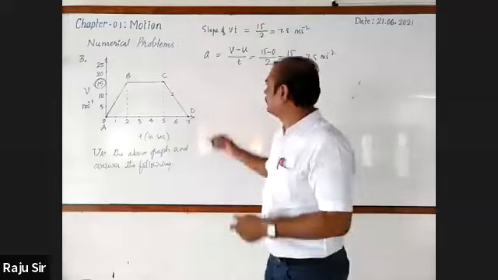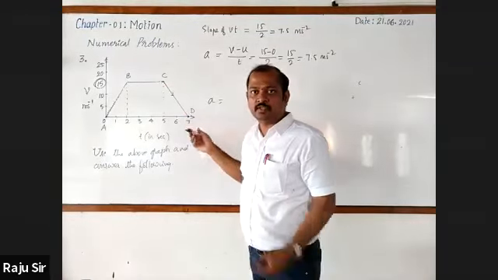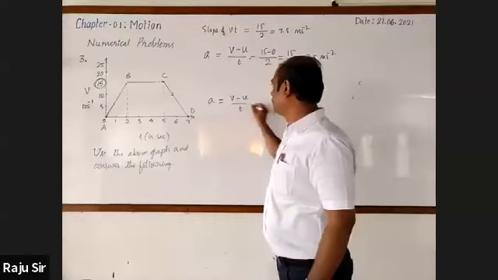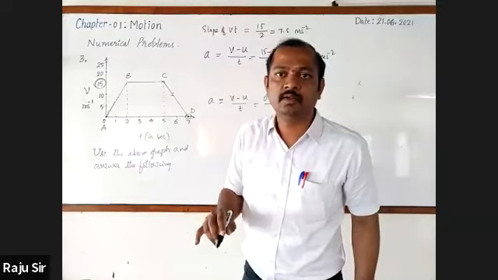Here I'll write. Look at acceleration from C to D, nothing but deceleration. A is equal to V minus U by T. What is the final velocity? 0. Just observe.